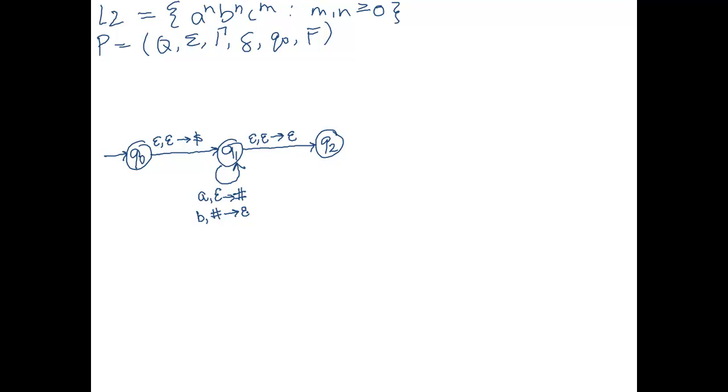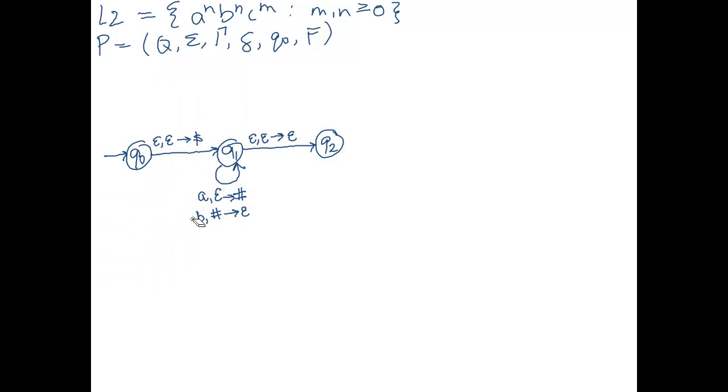This would allow me to read an A and push a pound symbol, and then read a B and pop the pound symbol, and then read another A and push the pound symbol, and then read a B and pop the pound. So that definitely works for a language where the number of A's and B's is the same, but here we have the additional requirement that all the A's have to happen before all of the B's. So we can't allow this intermixing of A's and B's, so we don't want to allow that transition.